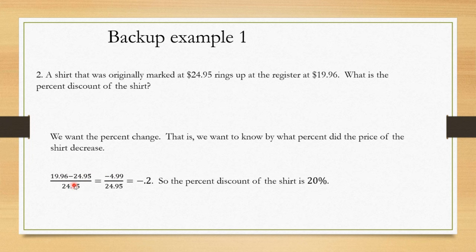This was the price it started at, and we took off a certain amount, $4.99. So it decreased by 20%. So the shirt lost 20% of its value, if that makes sense. The negative is okay. That just tells you it decreased in value.